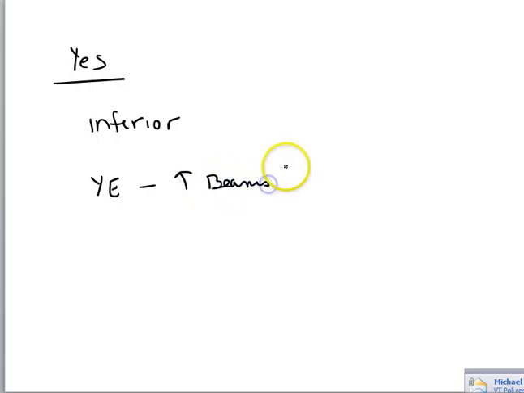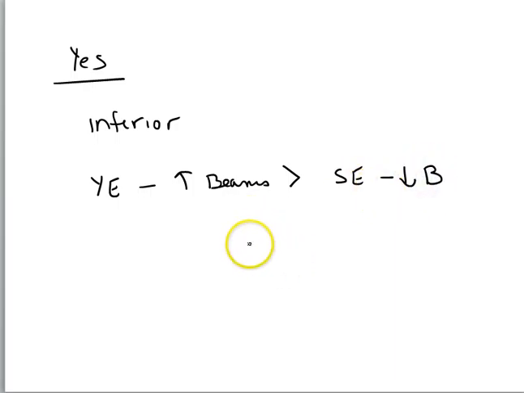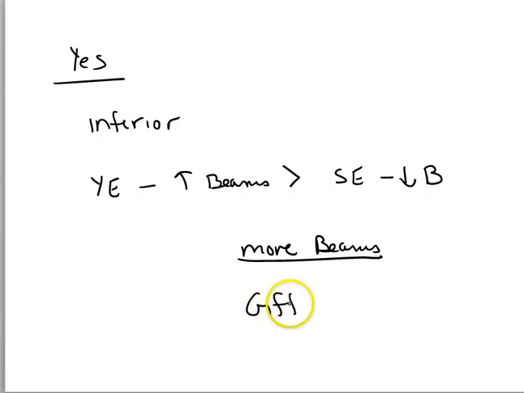If a good is so inferior that the income effect drawing them into eating beans is greater than the substitution effect, saying beans are more expensive, I eat less beans, I can end up with more beans after a price increase. This is a Giffen good.